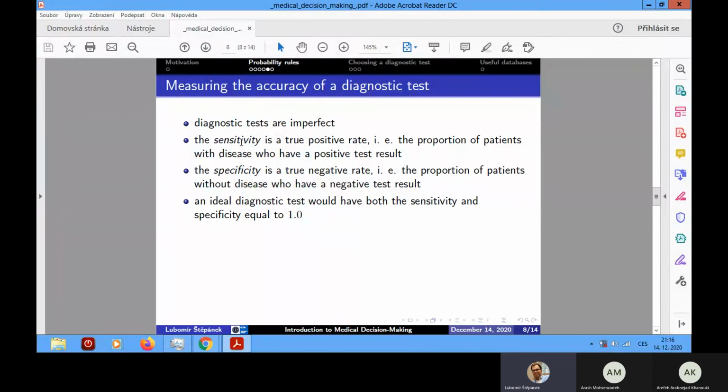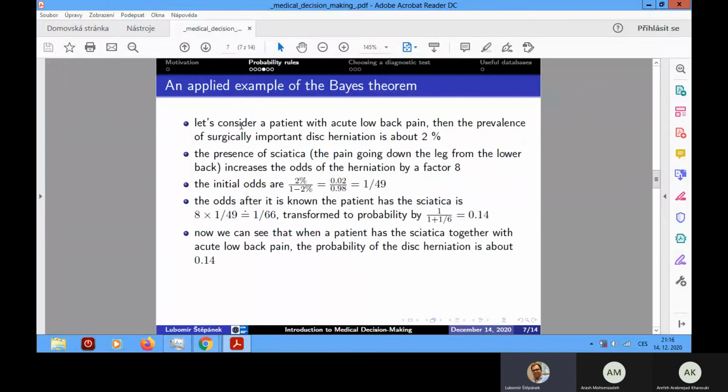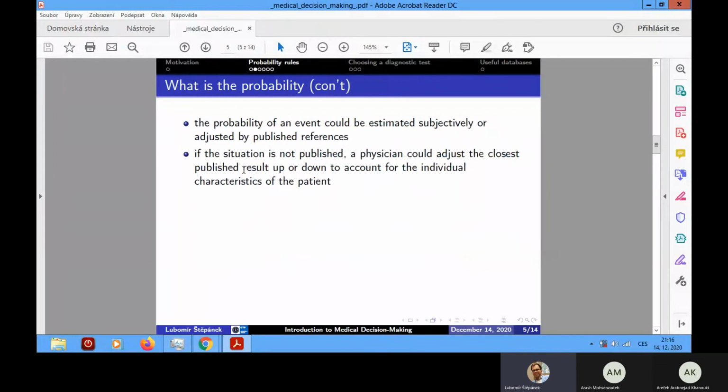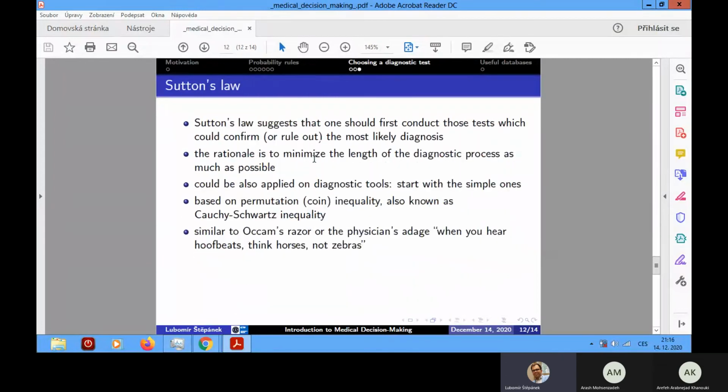In such a case of uncertainty, try to solve the situation by, for example, using some of the principles I talked about.